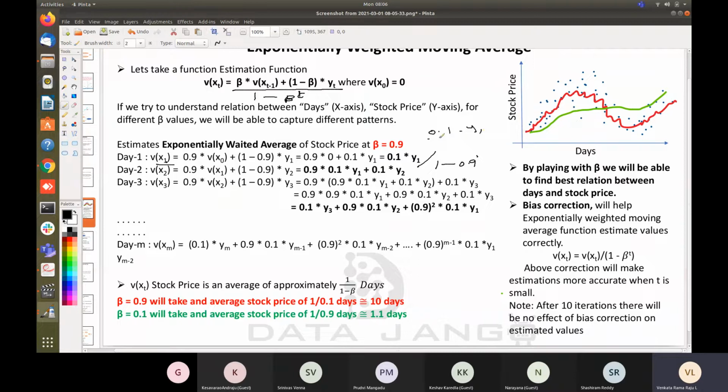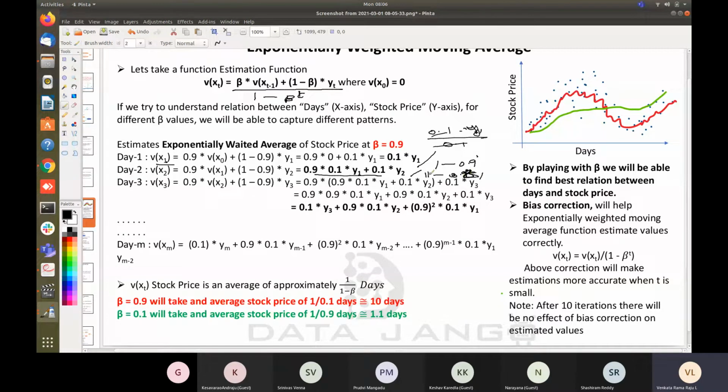You get y1, right? And the second equation also, if divided by 1 minus 0.9 to the power of 2, 0.9 square is 0.81, right? 1 minus 0.81 is how much?